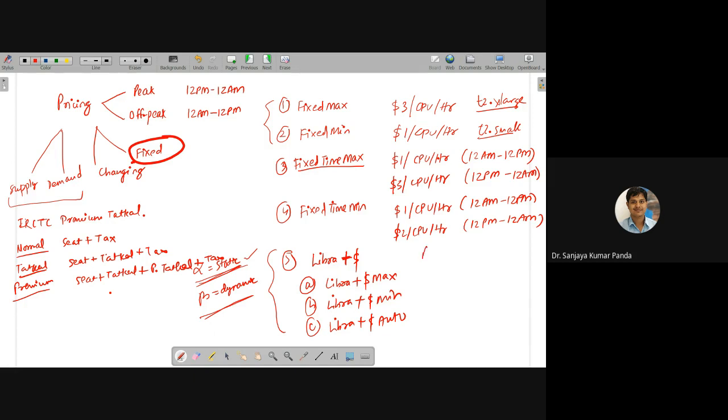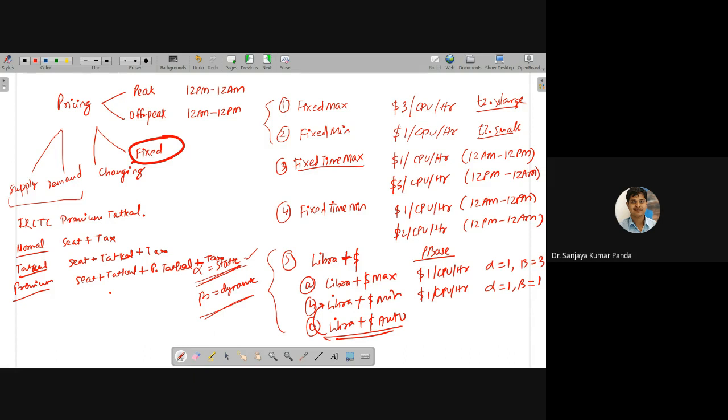So they consider two fares. One is called P base, that is called the base price. P base is $1 per CPU per hour for max and min. But in order to find the dynamic price, you consider alpha equal to 1 here and beta equal to 3 here; alpha equal to 1 here and beta equal to 1 here; and this auto scheme follows the Libra plus dollar min.